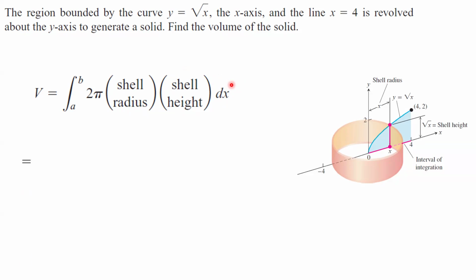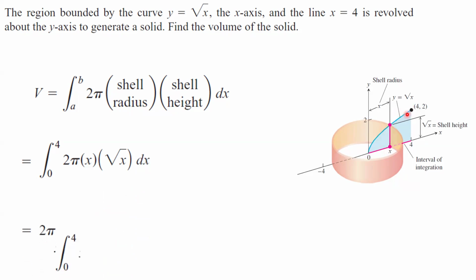In turn, it is equal to the definite integral from 0 to 4 of 2 pi, the shell radius, which is located on the x-axis, right? Times the height, which is square root of x, times dx.